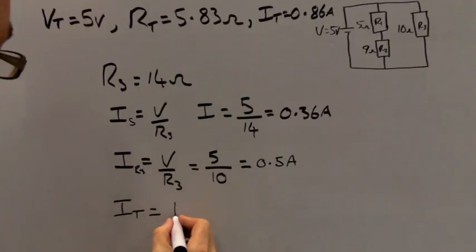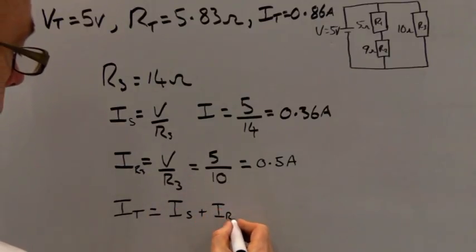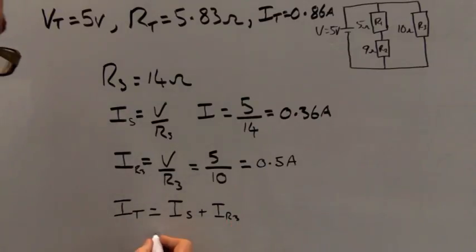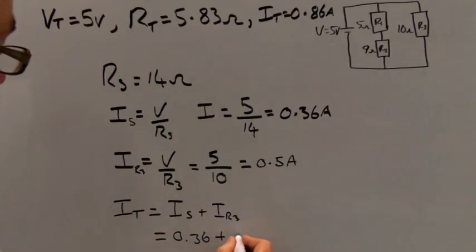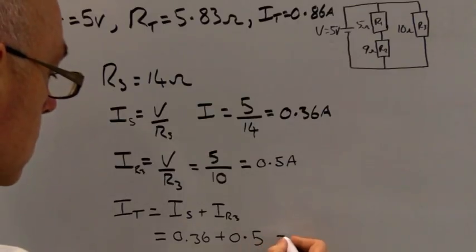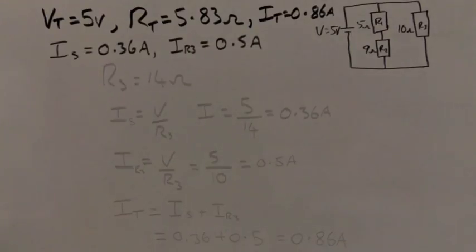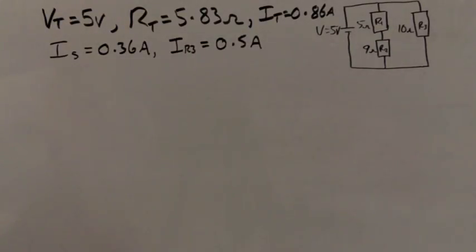So that equals 0.36 plus 0.5, and if we add those together we get 0.86 amps. Okay, so I made a note of those values at the top.